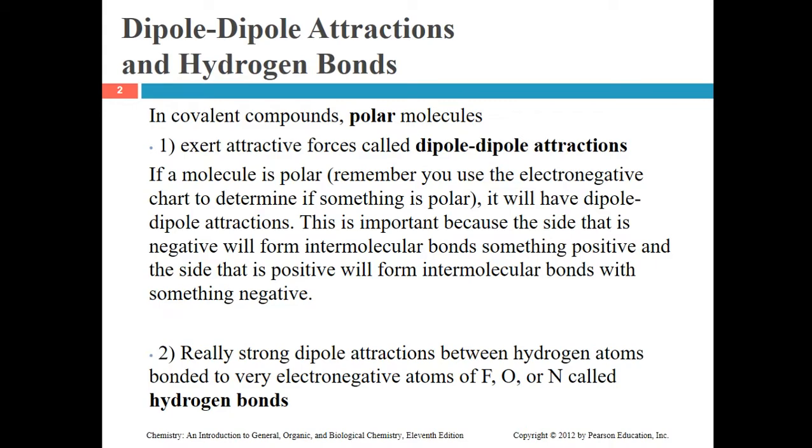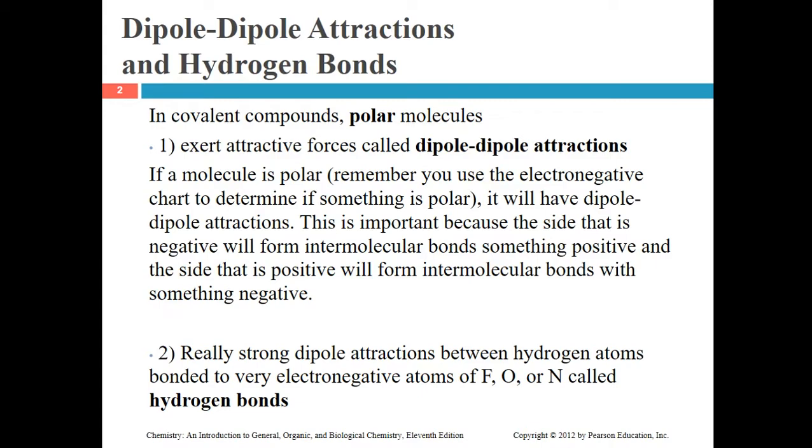So, in covalent compounds, polar molecules exert attractive forces called dipole-dipole attractions. Notice how similar the word dipole is to polar. Well, if a molecule is polar, it will have dipole-dipole attractions.